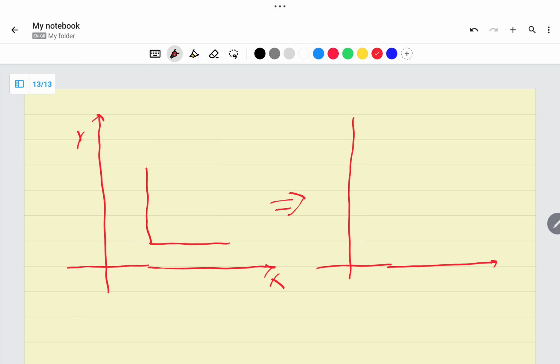Y shear is preserving all the x coordinates and there is a change in the y values. So vertical lines will remain vertical, dimensions will change. And horizontal lines, dimension will be the same but they will slope down or up.